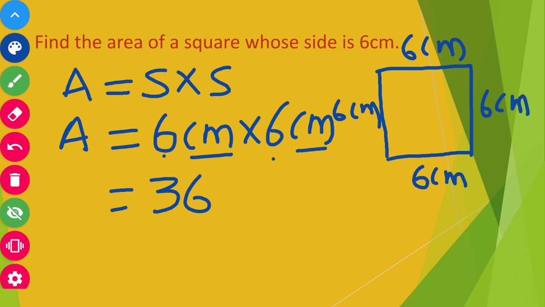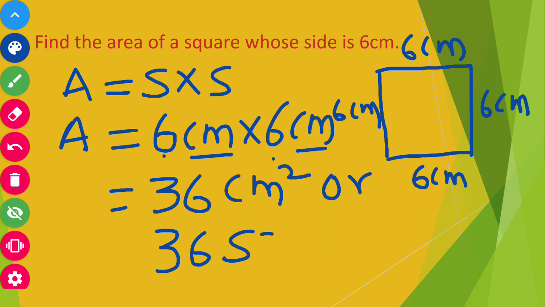Centimeter into centimeter is centimeter square, or 36 square centimeters. Is that clear, children? What is the area of the square? Side into side. Just substitute the length of the side in this formula, multiply, and express in units.